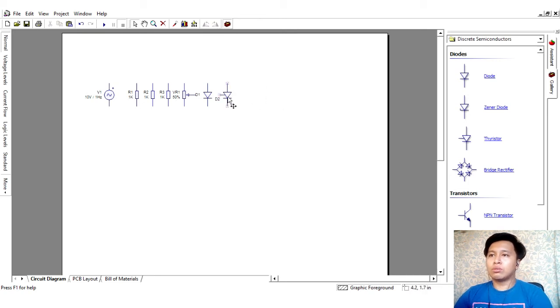This thyristor will be considered as the SCR component. We need these components to design an SCR phase control circuit.